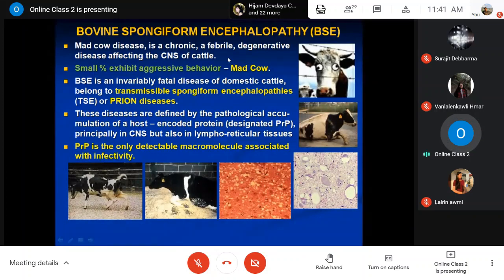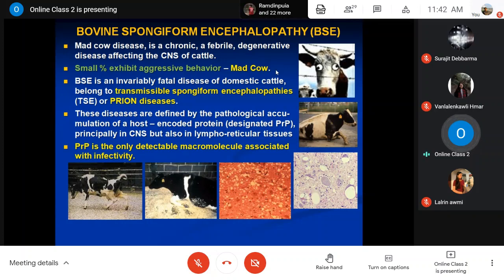It is a very chronic, afebrile, degenerative disease affecting the central nervous system of bovines, mainly cattle. It is commonly known as mad cow disease because the animals show a madness syndrome like rabies: excessive salivation, convulsive movements, paralytic condition, aggressiveness, unmanageable behavior, and bellowing, a kind of crying sound produced by the affected animal.